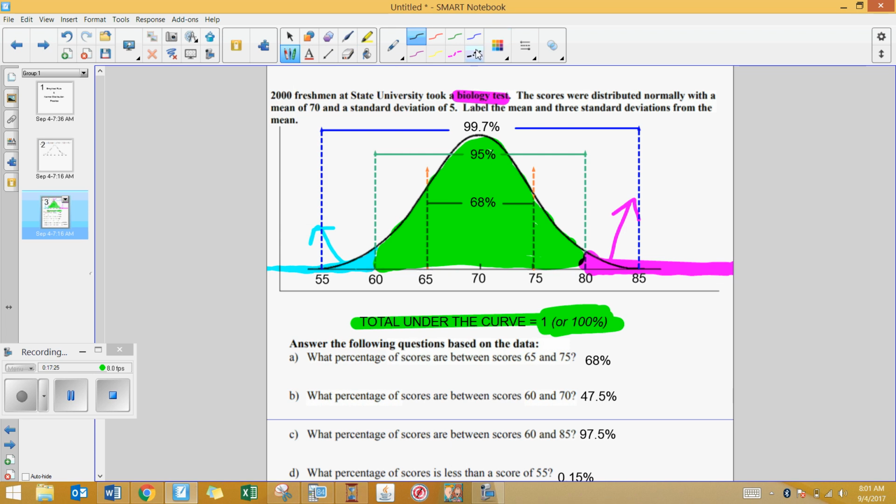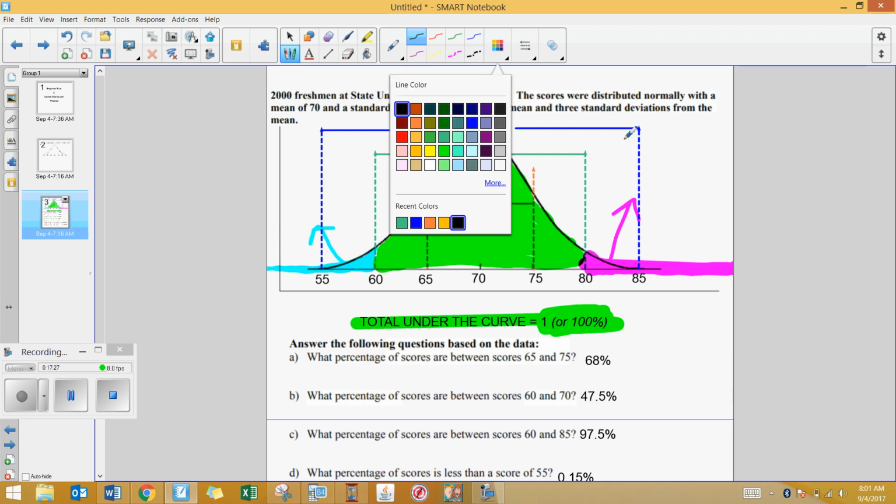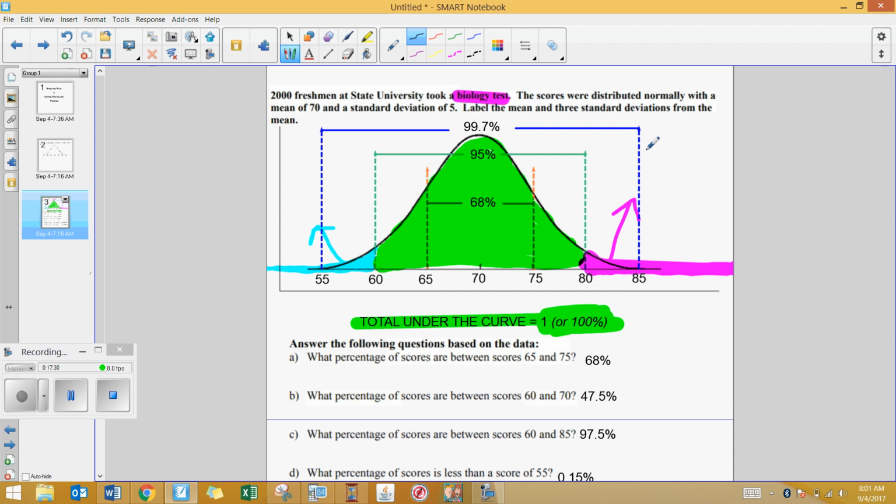So if I have 5% split between the pink tail and the blue tail, that means I have 2.5% over here and 2.5% for this shaded blue. Giving me the green piece of 95, the highlighter purple pink piece 2.5, and this blue piece to the left also 2.5.